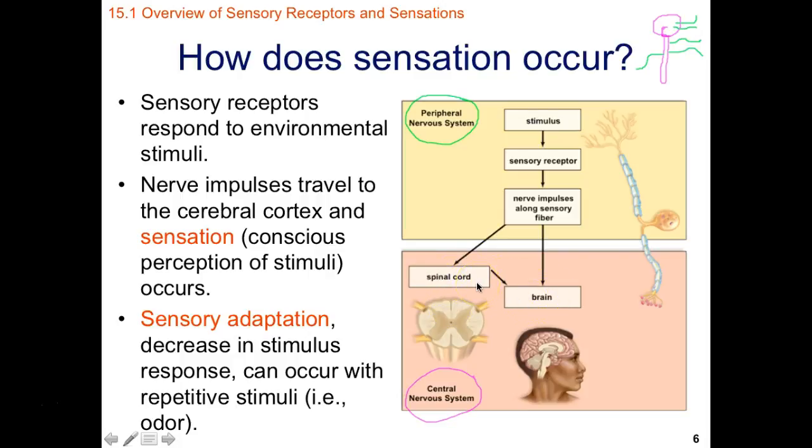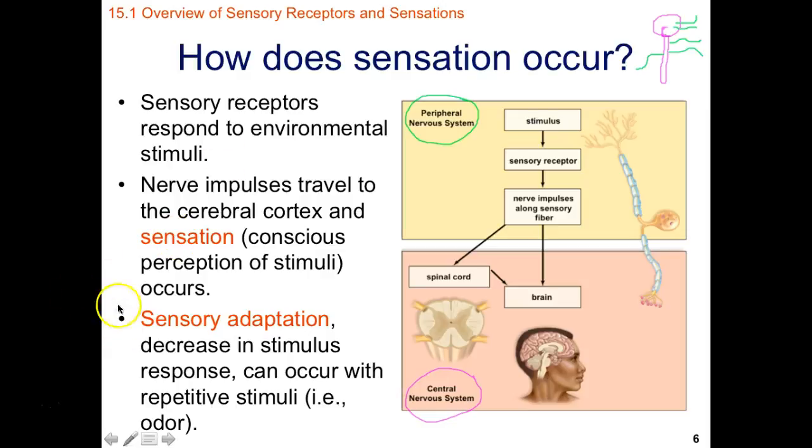In our instance, since it's a reflex, we'll just do a quick loop here in our spinal cord to pull our hand back. But let's just say we go up to the brain, our brain is going to interpret that information, and then what happens is we go out another nerve over to, let's say, a muscle. So we want to stimulate our biceps brachii to contract and pull our hand away. Okay, so that's just an example of how sensation occurs.